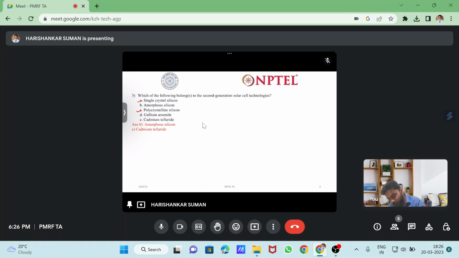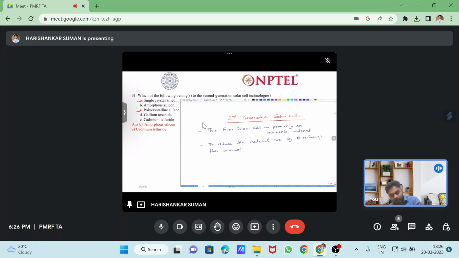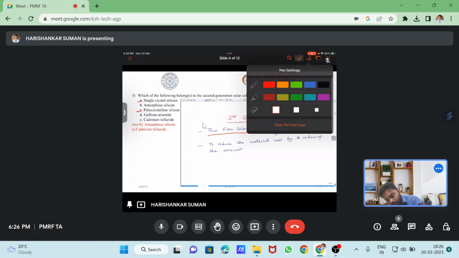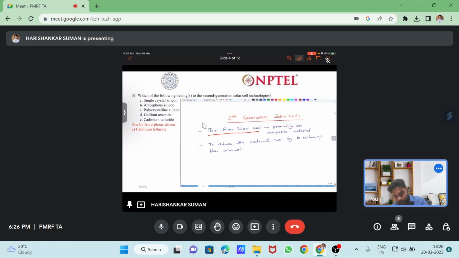So B and E, D and E. Okay. The second generation is regarding thin film. So amorphous silicon and cadmium telluride are the second generation. Okay, let's move further.